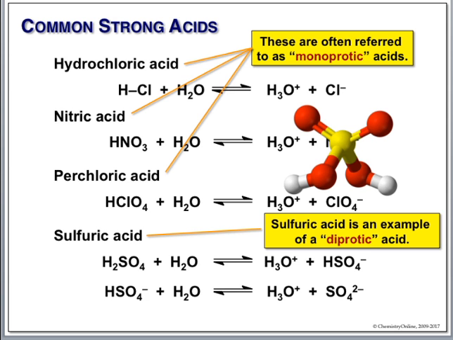Now there's a concept here involving acids and their proton acceptors. In this case, HCl is the acid, and the proton acceptor is water. So we transfer it to make hydronium, and we're left with chloride.